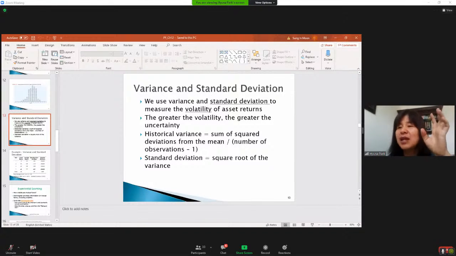And for each day, from day 1 to day 252, take the deviation from the mean, square and add them all, divided by 251. So that's the variance, and the square root is the standard deviation. That's how to calculate standard deviation.